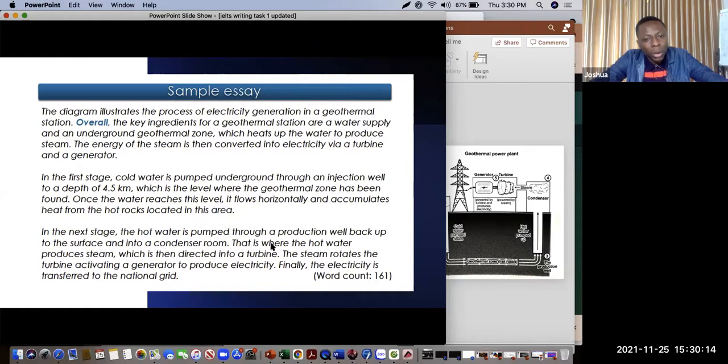That is where, so using pronouns well, that is where the hot water produces steam. So you can see that in the condenser, steam is produced, which is then directed into a turbine.